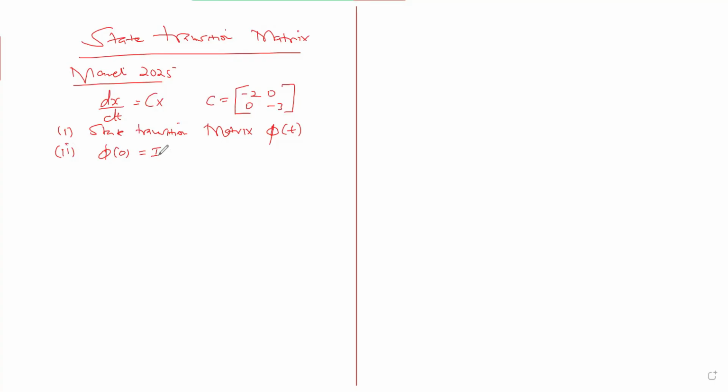So when you're told where I is the identity matrix, then this one was 10 marks. Yeah. So hizi equation zinaokaa hivyo when you're finding the state transition matrix.